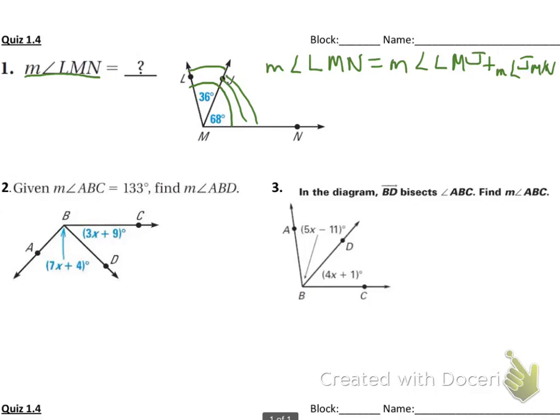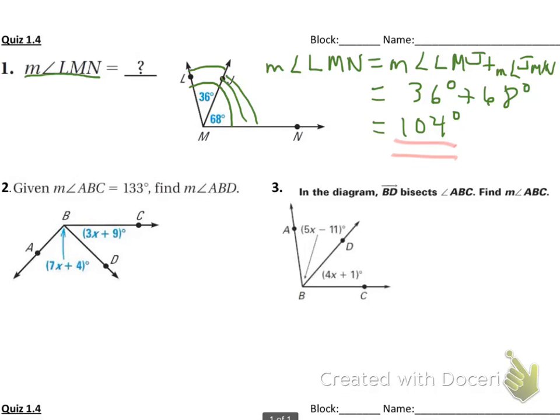Okay, so all I'm going to do is just add the pieces. Some people just go straight and say, well, that's 36 degrees plus 68 degrees. So the total is 904 degrees. A lot of people got that one right, so there's your answer there.